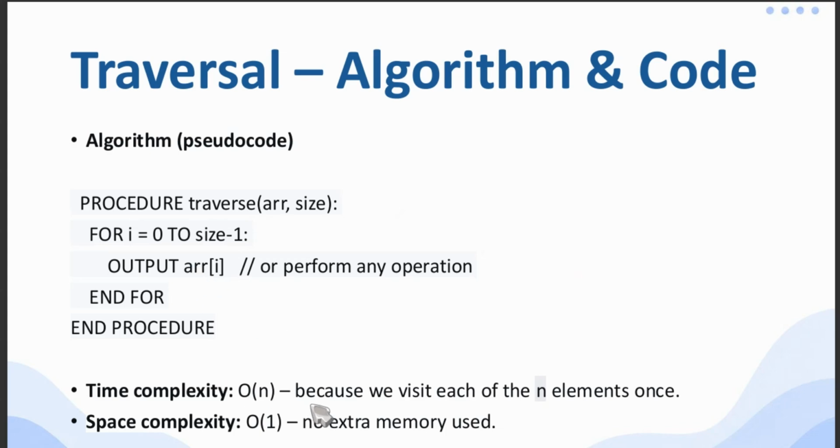The time complexity is O(n) here, because we visit each of the n elements once, from the 0th index to the size - 1 index. So if the array has 1000 elements, how many operations will it do?